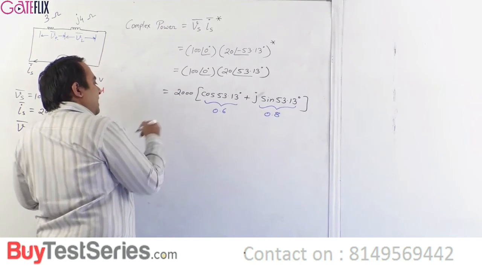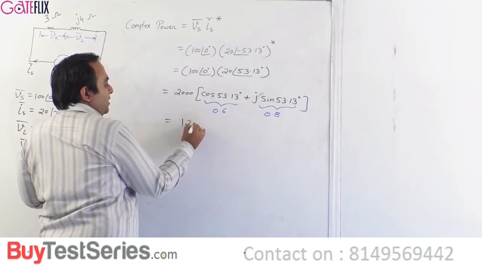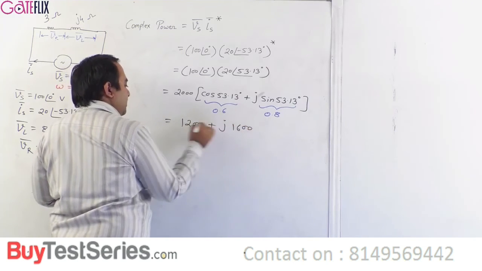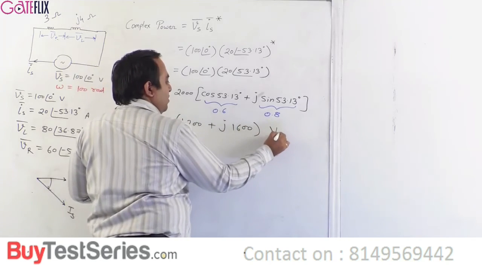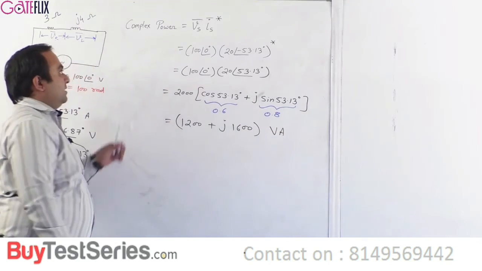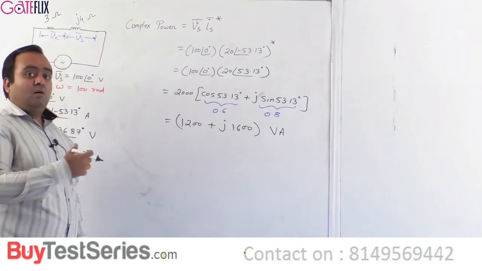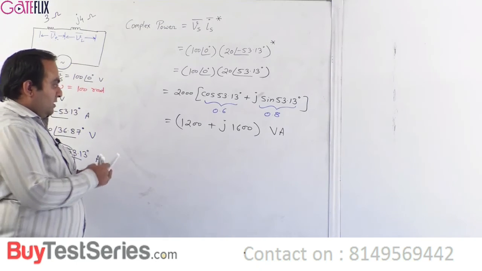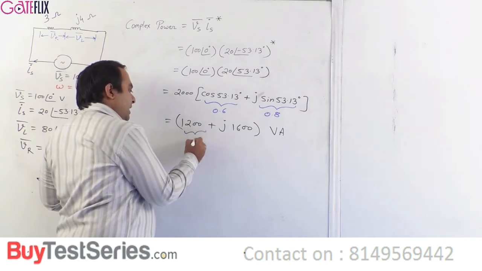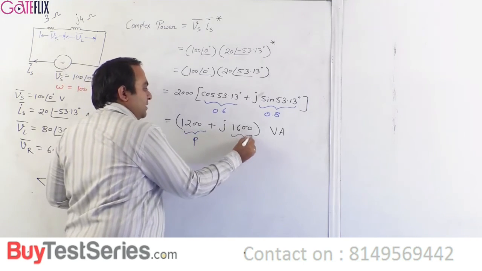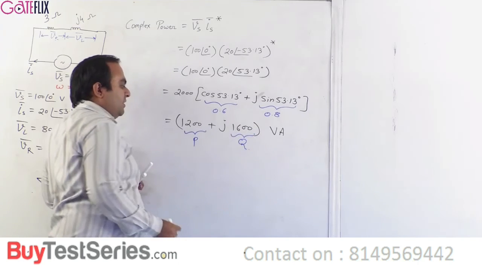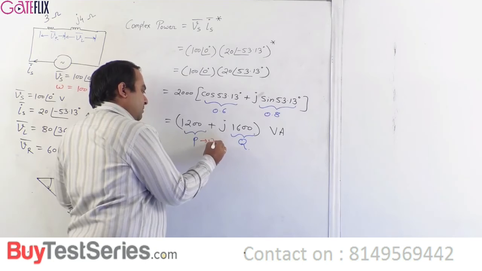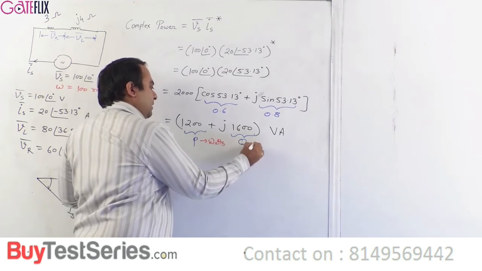So in totality it becomes 1200 plus j1600 volt ampere, and this is called the complex power absorbed by the RL circuit. Out of this, the real part is P, or active power, measured in watts, and the imaginary part is reactive power, measured in VAR.